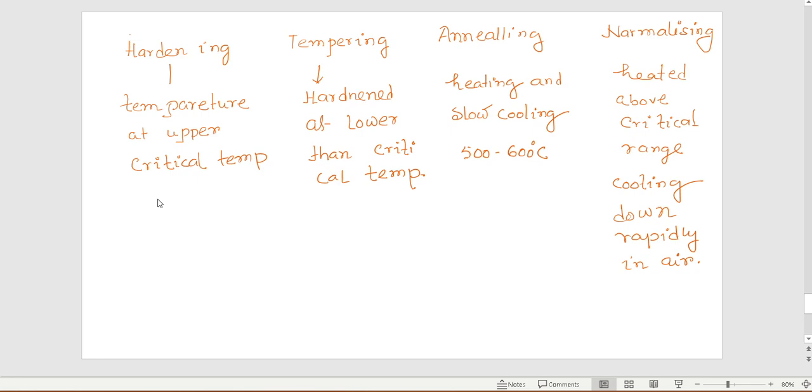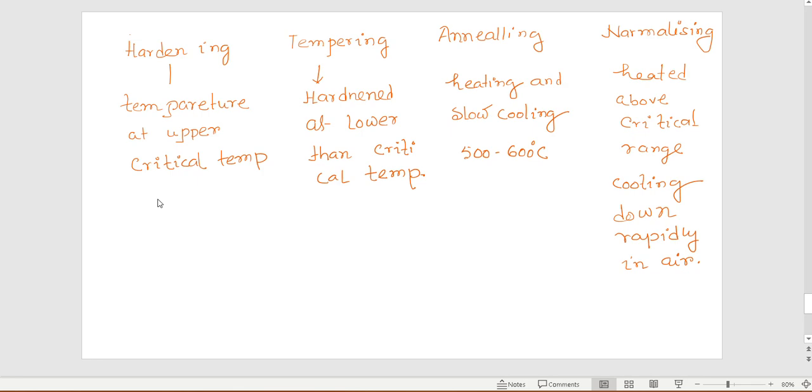Hardening is done at the upper critical point. After hardening, the temperature is decreased, and at that point the temperature will be below the critical temperature, and there tempering is done.